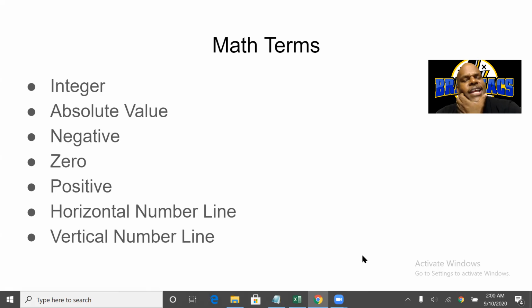Okay? What is a negative number? Awesome. A negative number is a number, whole number, whose value is less than 0. Wow, y'all are so amazing.